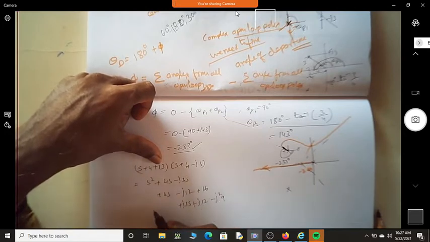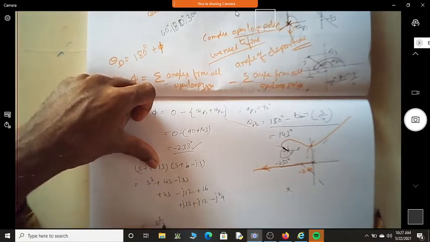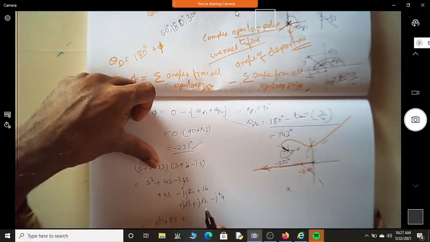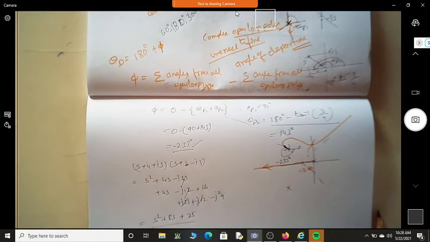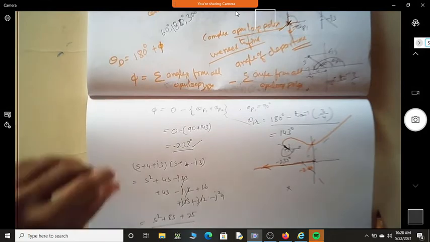Am I correct? Is it actually s square plus 8s, plus 25? Correct?